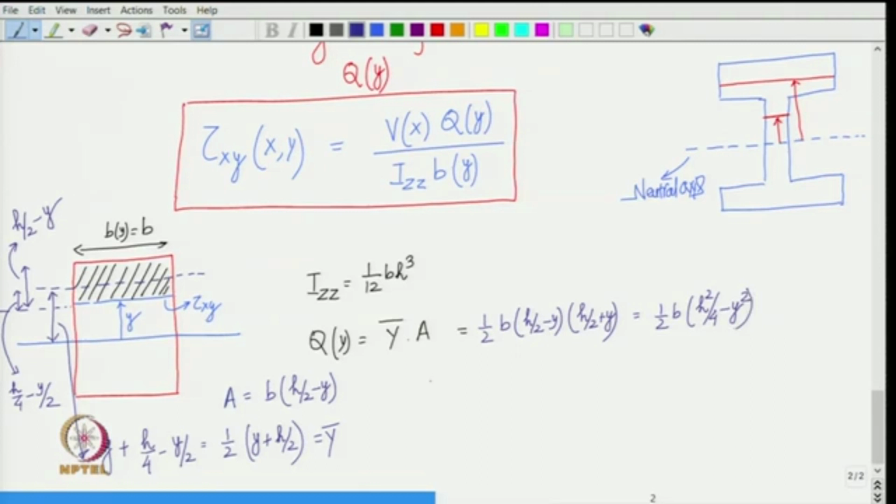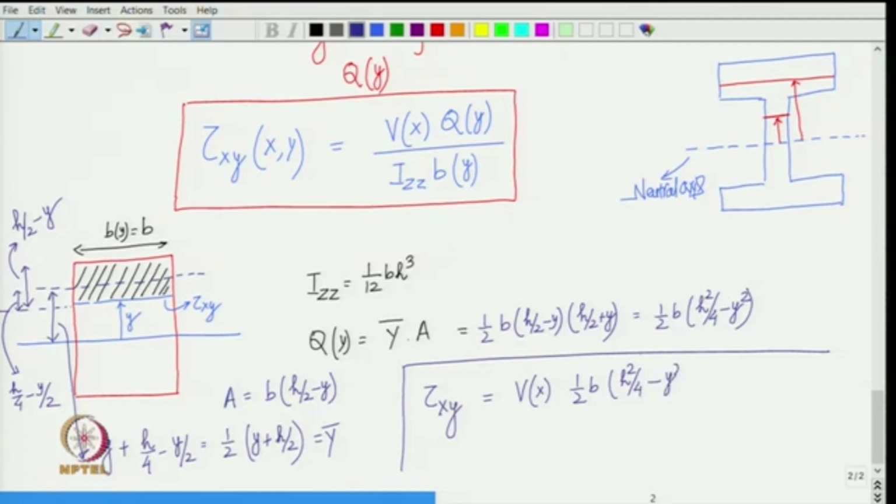So, finally, your tau x y is then shear force V of x into q y, which is 1 over 2 times B into h square by 4 minus y square, divided by I z z, which is 1 over 12 B h cube into B itself, right. So, we get several cancellations here.